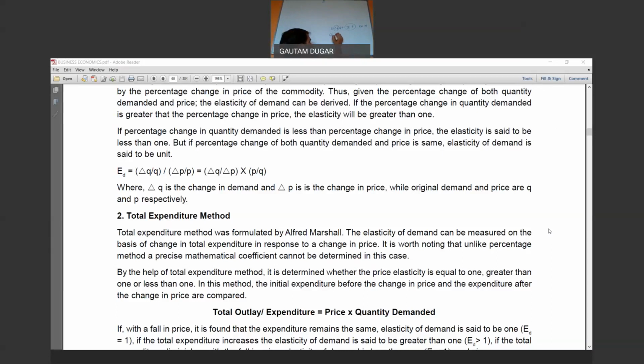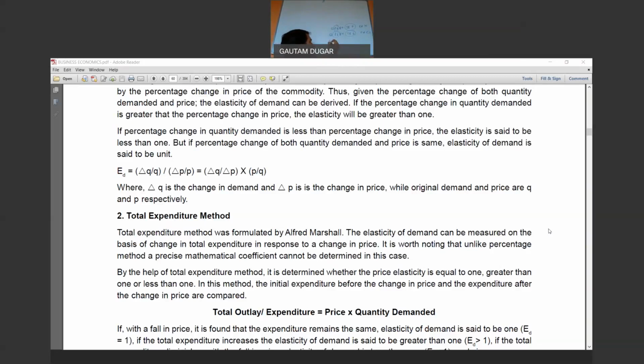Second point, if price is reduced, we know quantity will increase, but if the total expenditure is decreased, that is price and total outlay are moving in the same direction, then elasticity is less than 1.